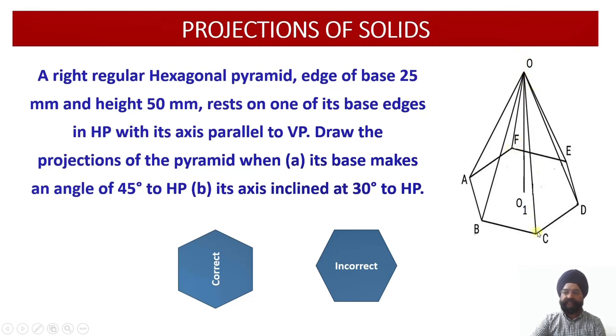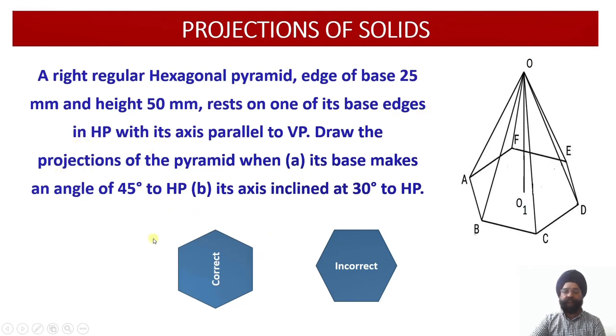So it will be resting on the corner C or F over there. So it will be resting on the corner of its base on the horizontal plane, which is incorrect. Why? Because I have been provided with the fact that this hexagonal pyramid rests on one of its base edges in the horizontal plane.